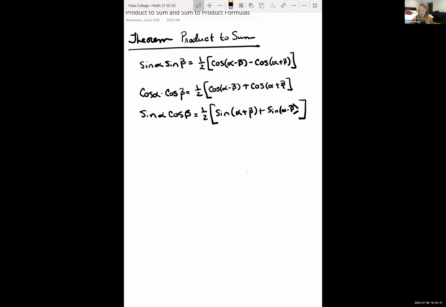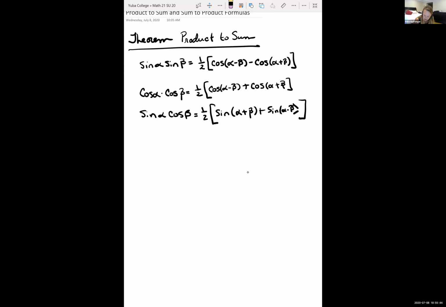Okay, so notice that we have two formulas here. We are looking at cosine of alpha minus beta, and we have cosine of alpha plus beta on the other side. So let's first rewrite both of these formulas we know, one on top of the other.